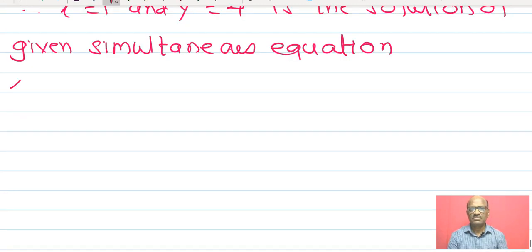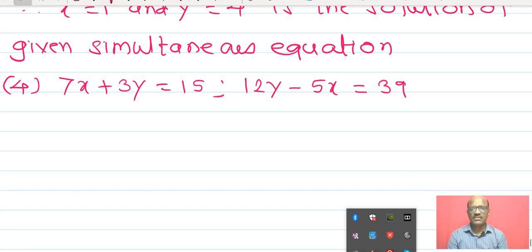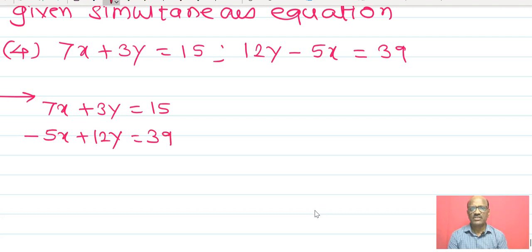Number 4, 7x plus 3y is equal to 15, 12y minus 5x is equal to 39. That is, 7x plus 3y is equal to 15 and minus 5x plus 12y is equal to 39.